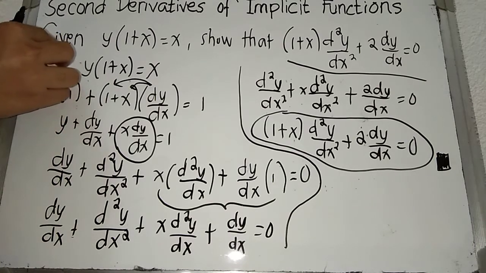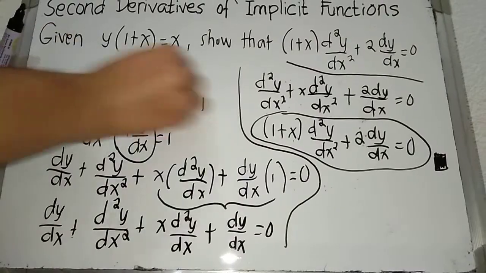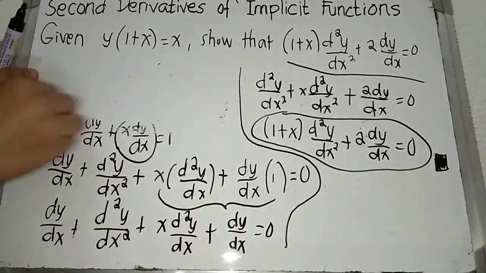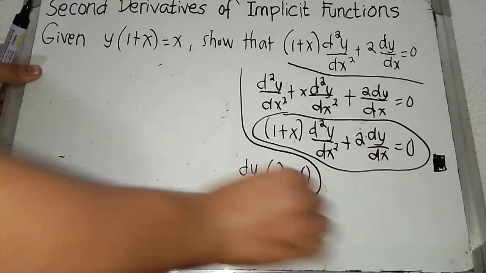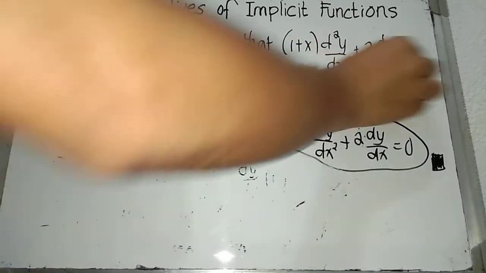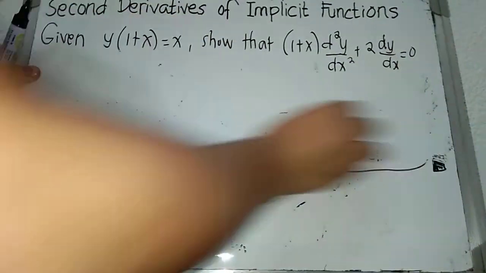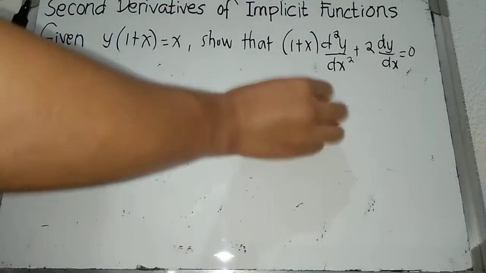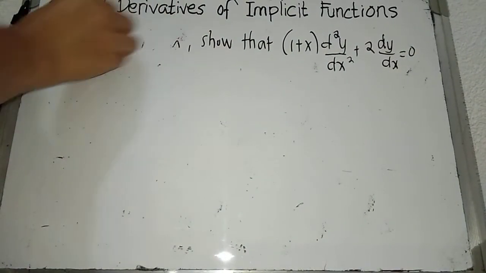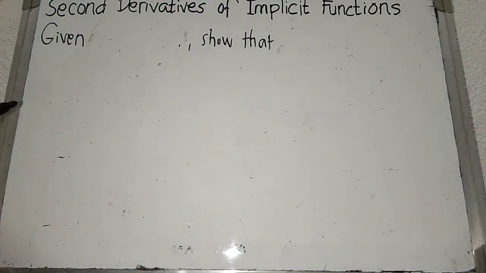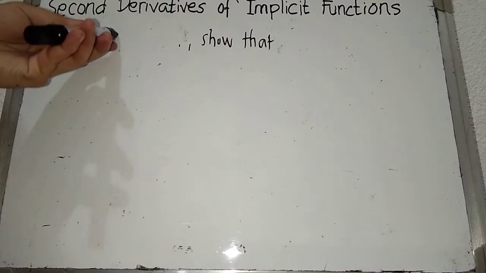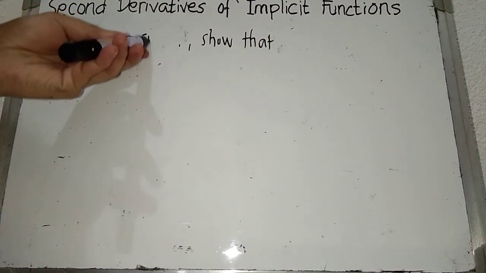Another example. For our second example, we will have another implicit function and another equation to prove. So assuming we have here given xy is equal to sine x.